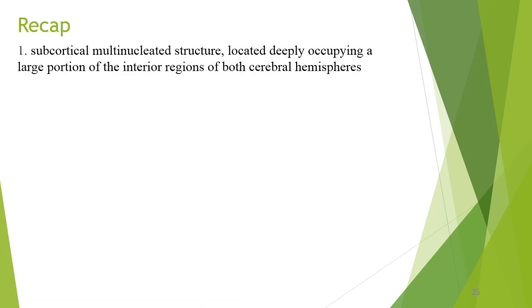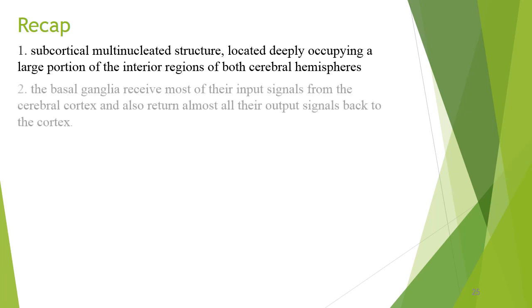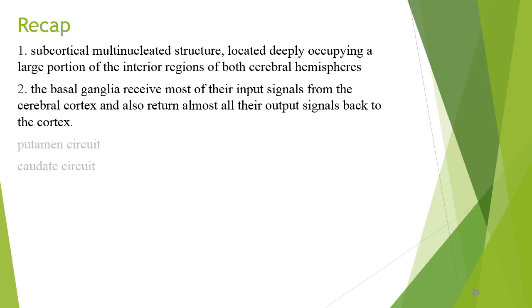Okay, in summary, we talked about basal ganglia. We said it's one of the important subcortical structures. It's a multinucleated structure located deeply, occupying a large portion of the interior region of both cerebral hemispheres. The basal ganglia receives most of their inputs, as we said, from the cerebral cortex, and through certain parts and structures will have most of their output back to the cortex through many circuits, as we said.